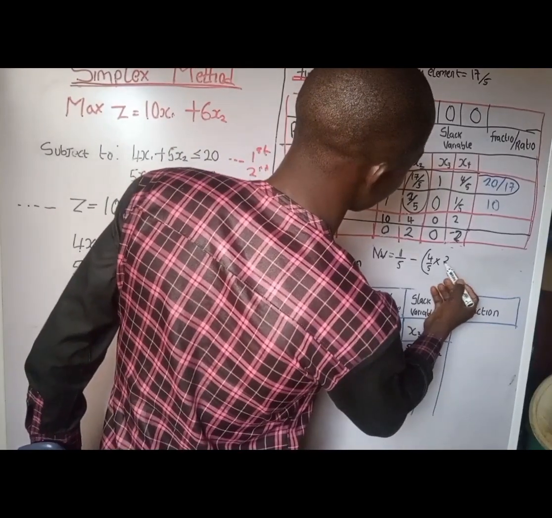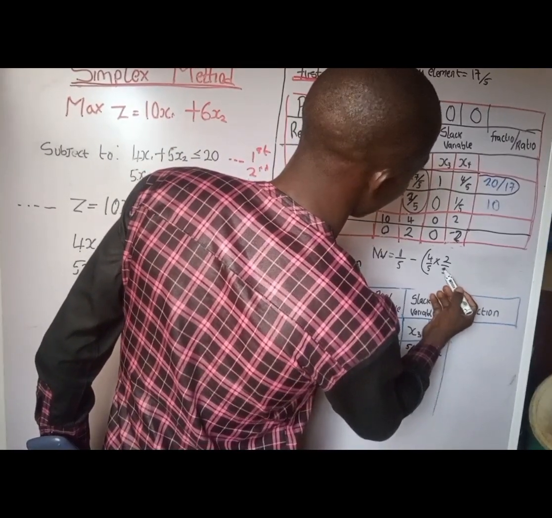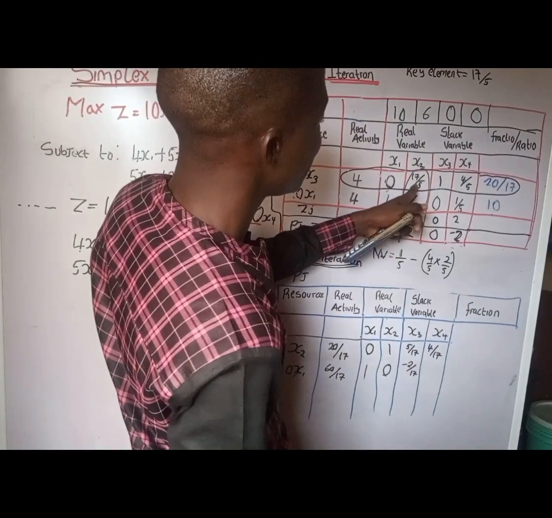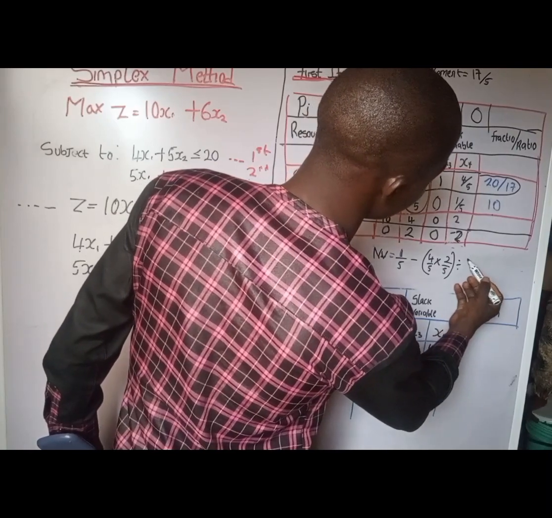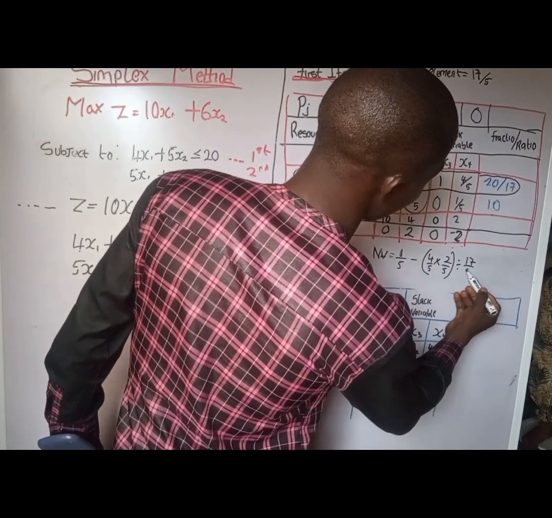So I'm going to be having the product of 4/5 multiplied by 2/5 divided by the key element. The key element is 17/5.